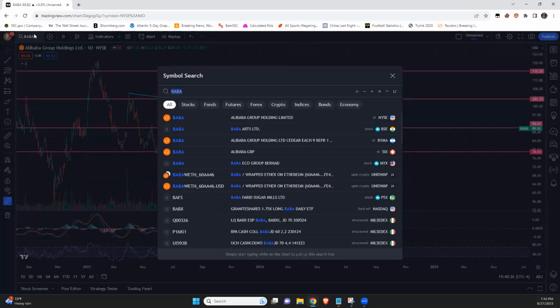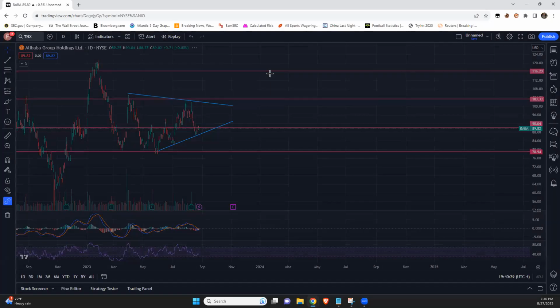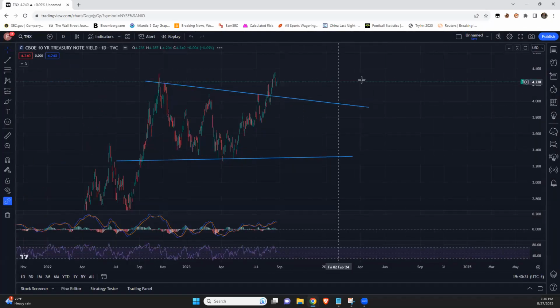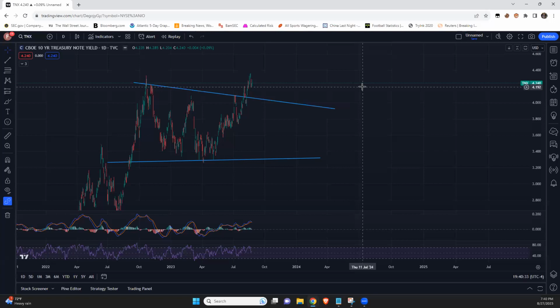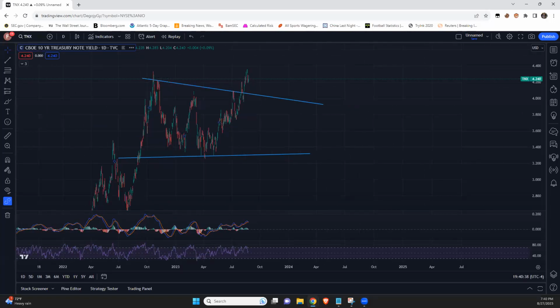Something I also want to talk about that a lot of people are kind of forgetting is bonds, right? The 10-year. We broke over that beautiful trend, so this is very significant. What I want to see is if we break over that 4.5 area.